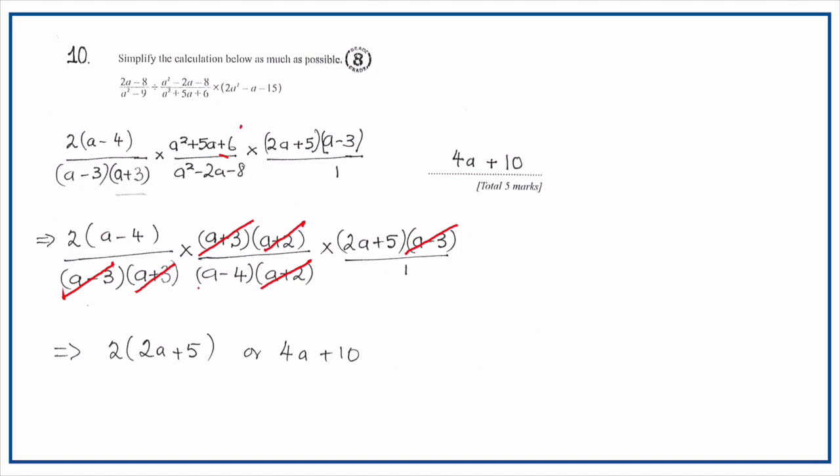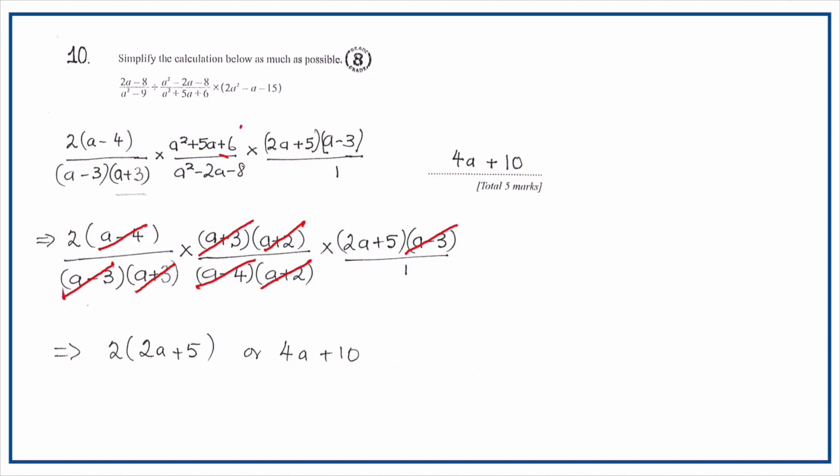So notice that we're now left with 2 times 2a plus 5 written here, 2 open bracket 2a plus 5 close bracket. Which we can write, if we expand, as 2 times 2a is 4a and 2 times 5 is 10. So the answer could be written as 2 open bracket 2a plus 5 close bracket or 4a plus 10.